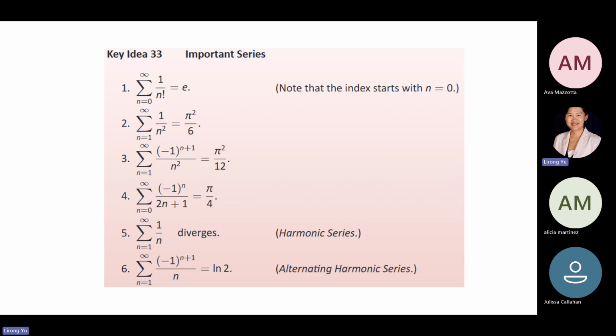Another special series is the sum of 1/n squared, and this series equals pi squared over 6. One of the ways I remember this is there's an n squared, so there's a pi squared. It's interesting to see pi involved in the calculation, see the original representation of the series. There's no circle.